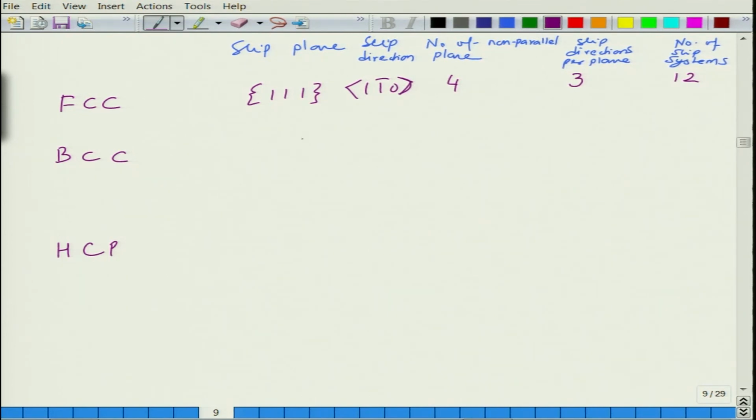And then we have BCC. In BCC we have 3 combinations. The first slip plane could be 1 1 0, second is 1 1 2, let us go in the order, and third is 1 2 3, and the directions could be 1 1 bar 1, or bar 1 1 1, or 1 1 bar 1.